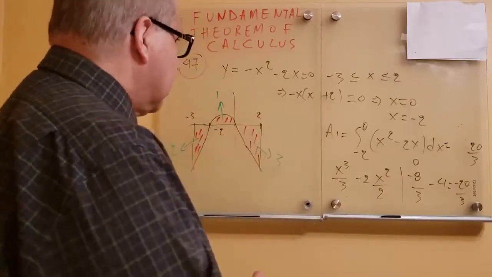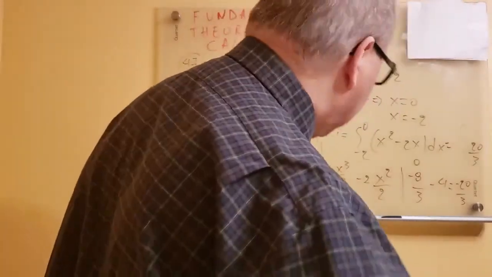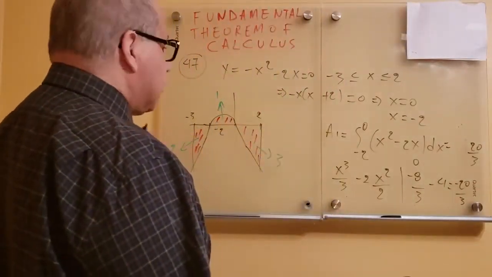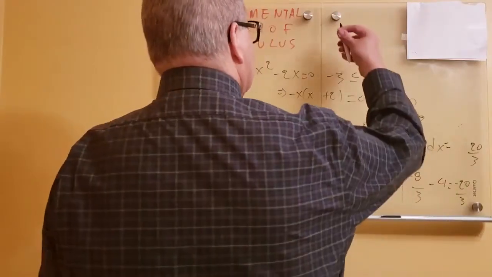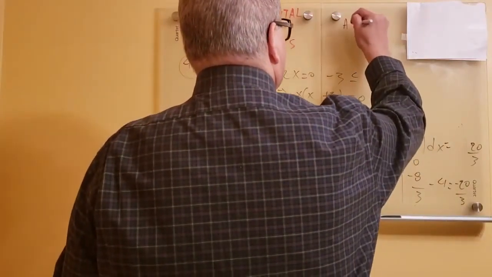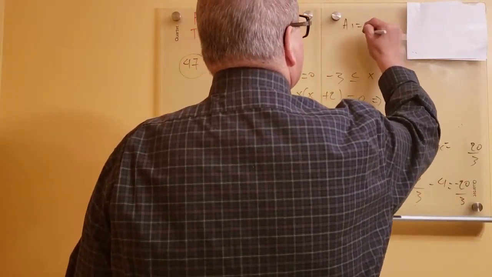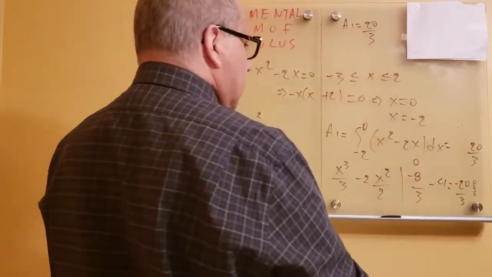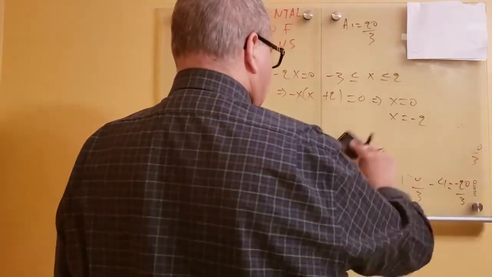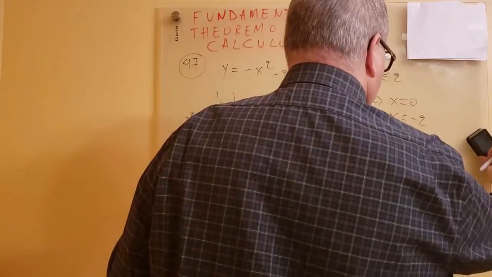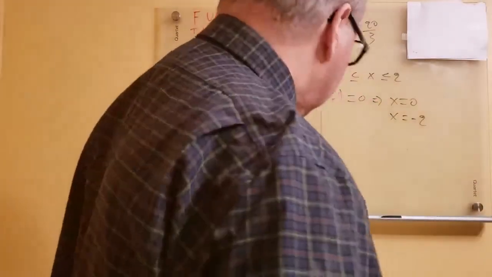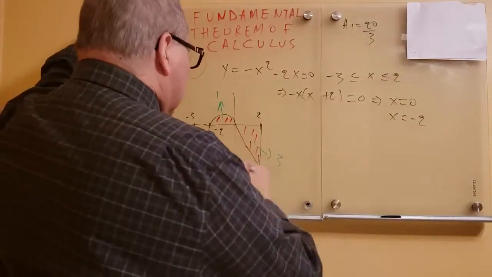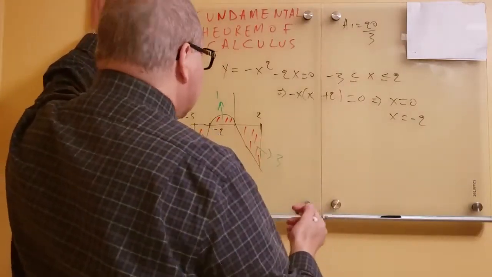Now, you do the same thing for this part here. So let's keep the 20 over 3 here. Area 1 is 20 over 3. Area 2 is again the same process.